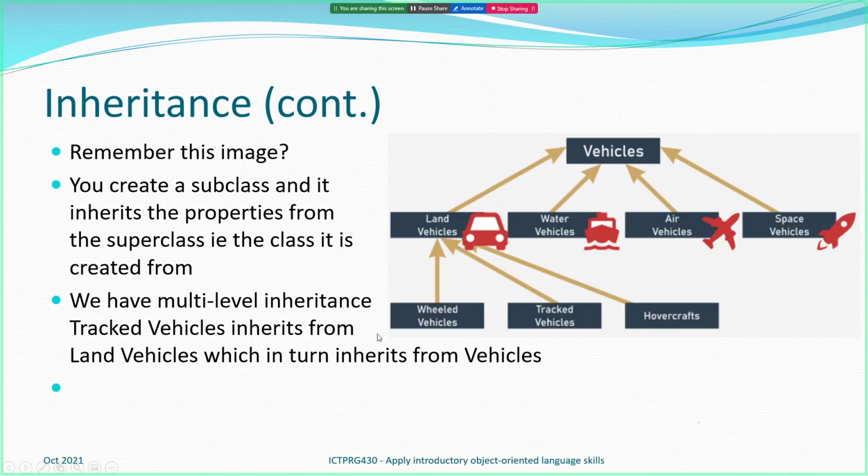So you can have multiple levels of inheritance, and in this example we only show a single inheritance. In other words, we're inheriting traffic types, if you like, from the previous instance. So for wheeled vehicles, its superclass is land vehicles, whereas land vehicles has a superclass of vehicles.